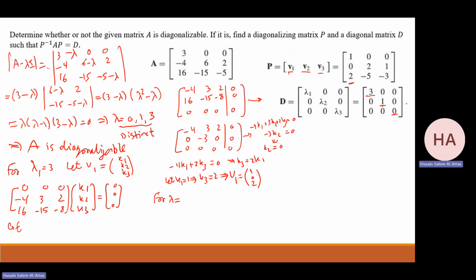Now for lambda equals what? What was the other lambda? Lambda equal 1. I let v2 be k1, k2, k3. That gives me the system.